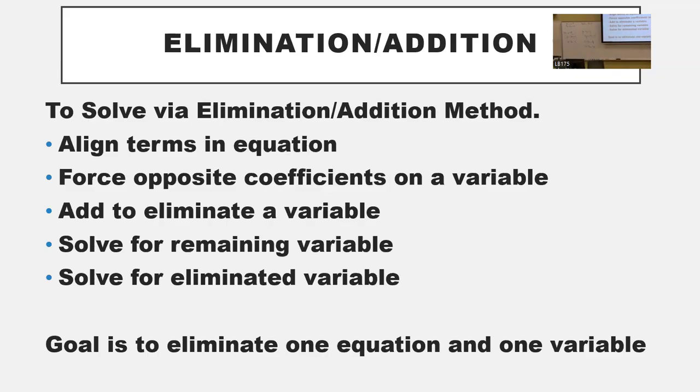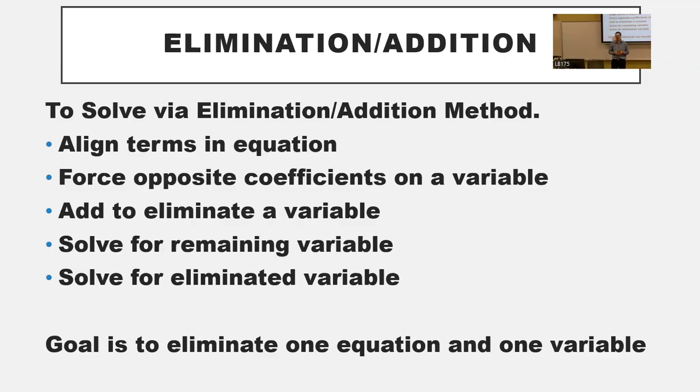We'll look at a couple of other methods as well. One method is known as the elimination method, or sometimes this is called the addition method. This is the method where we force opposite coefficients on one variable after we've aligned the equations up.